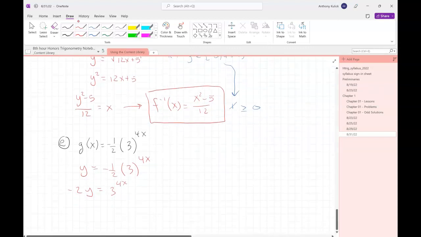How do I get the x out of the exponent up there? A log. Very good. So if I had my choice, any log will work, but which log would be the easiest one to choose? Log base 3. Very good. Why log base 3? Because it matches the base of the exponential. Does everybody remember that?